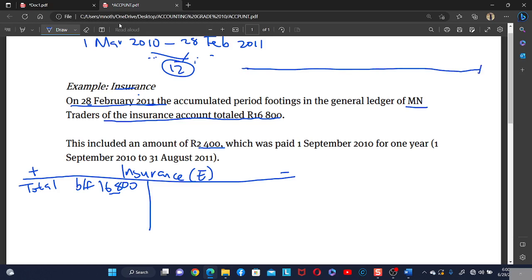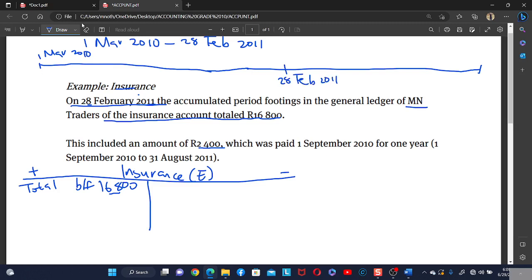Our year starts on 1 March 2010 and then it ends on 28 February 2011.